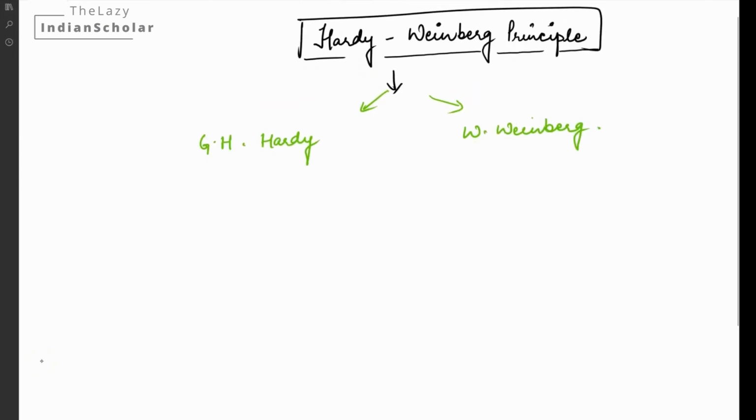This principle was given by two scientists, G.H. Hardy and W. Weinberg.